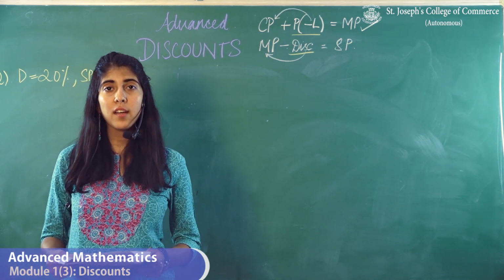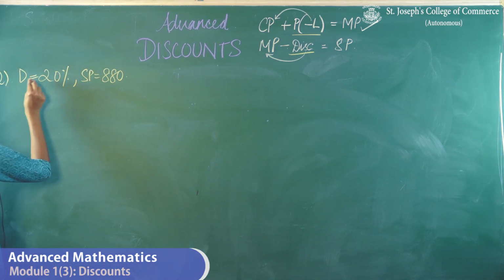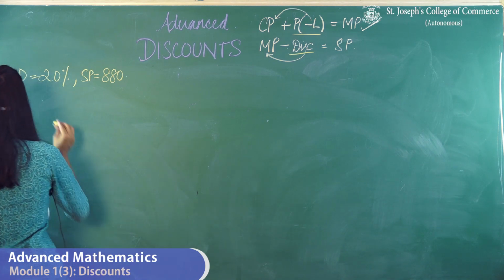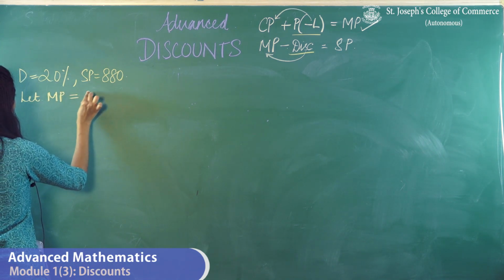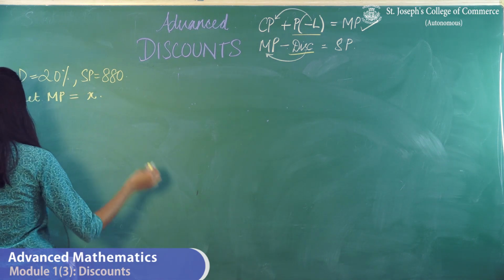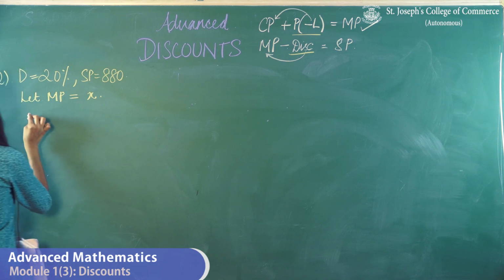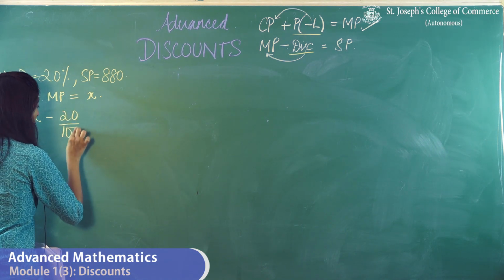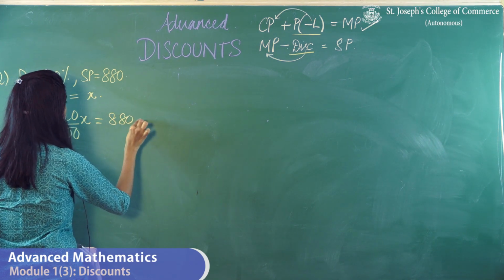Before starting to solve the question, let's try to understand what is the information that has been given to us. The first thing being the discount percentage. So let's write the discount percentage as 20% and the selling price as 880 rupees. Let us assume marked price to be X. Substituting it in the second formula, you will get marked price minus 20% on the list price will give you 880.